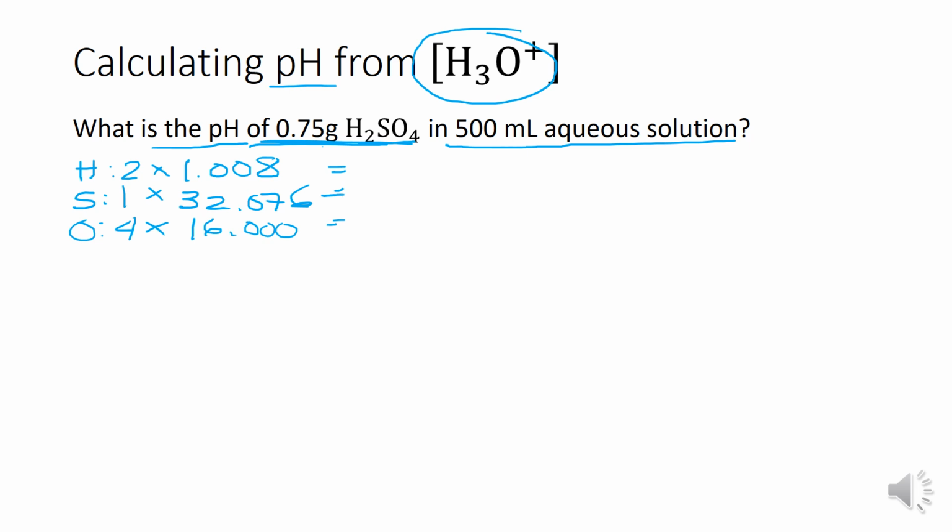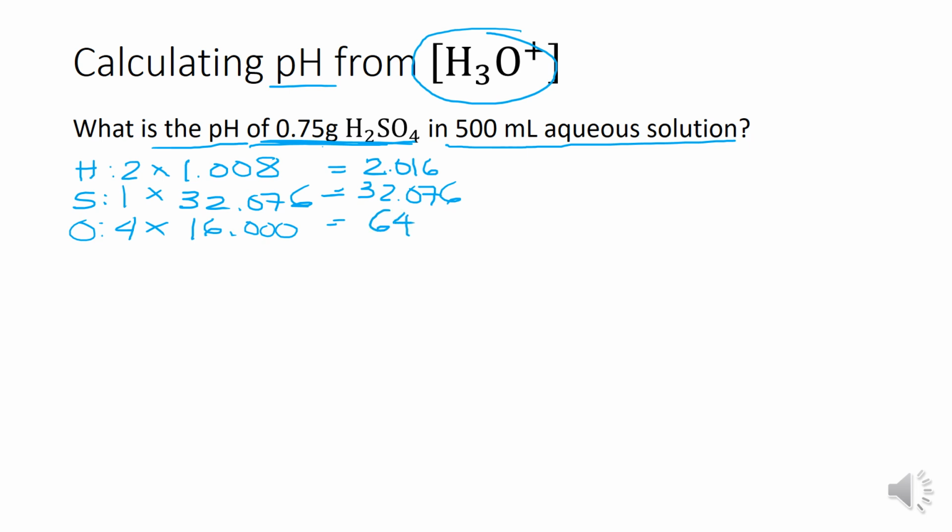Let's input that in the calculator. We have 2 times 1.008, which is 2.016. For sulfur, we have only one atom, so that is 32.076. For oxygen, we have four atoms times 16, which is 64.